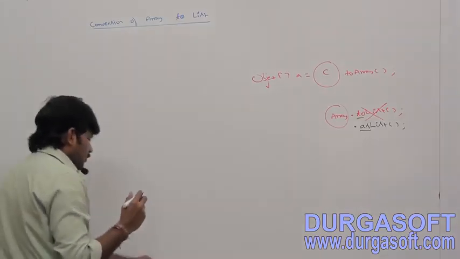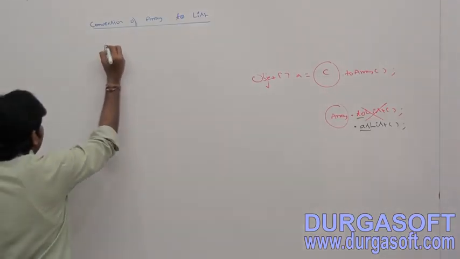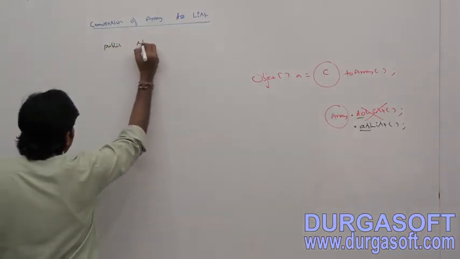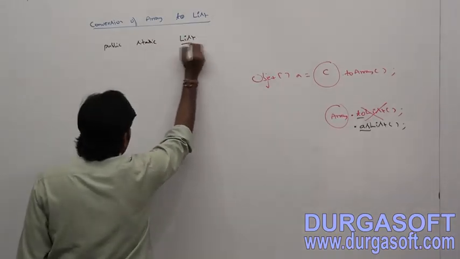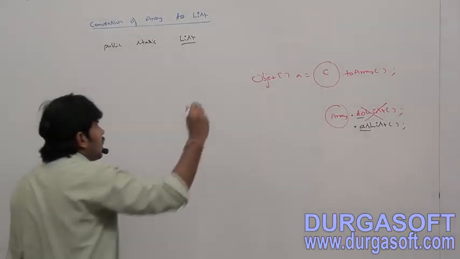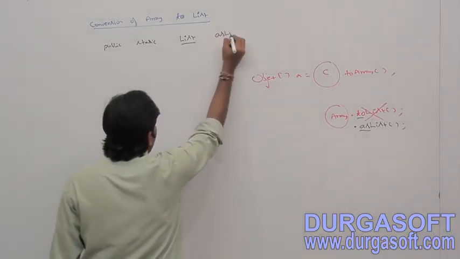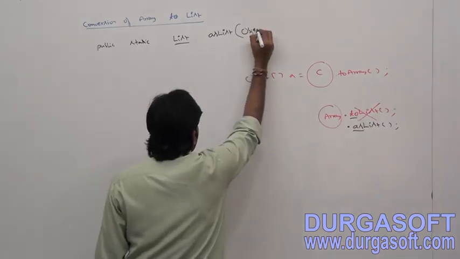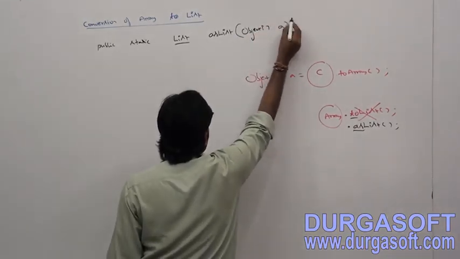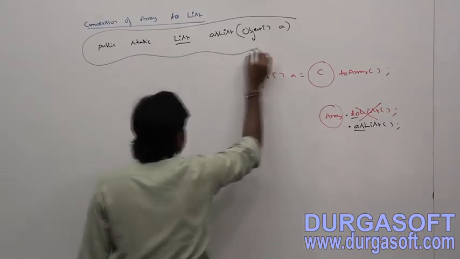Now observe. The method is a public static method, the return type is List, and the method name is asList, taking an object array. You can pass any object array and get the corresponding list.